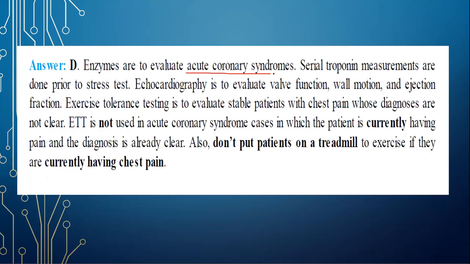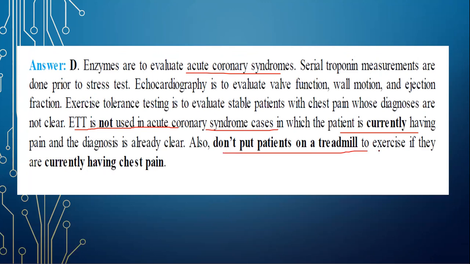See, enzymes are to evaluate acute coronary syndrome, but our patient has had chest pain for several weeks. So you don't need to do CKMB or troponin for this patient. Also, exercise tolerance test is not used in acute coronary syndrome in which the patient is currently having pain.